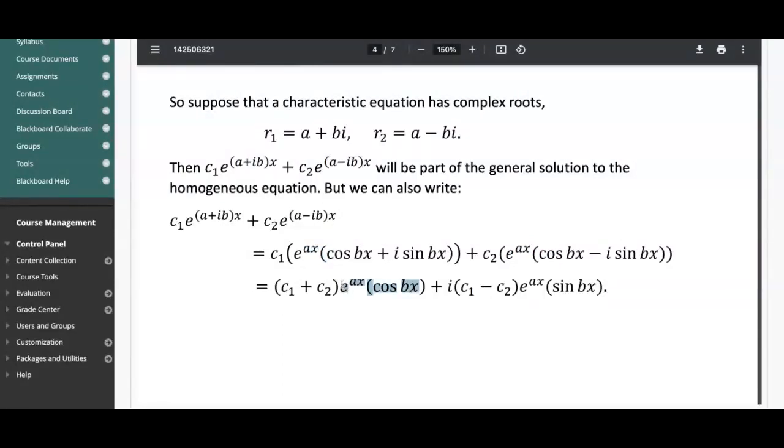We factor out, we have e to the ax cosine bx for both C1 and C2. Then the imaginary part, we have this sine bx and this negative sine bx. So that's why we have i times C1 minus C2 with a common factor of those two. So we can write in this case a general solution for the homogeneous equation.